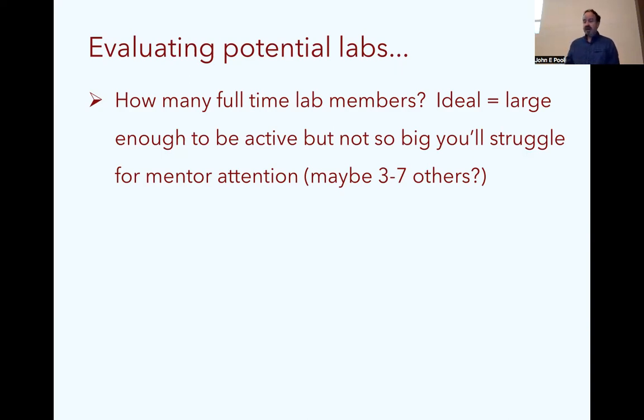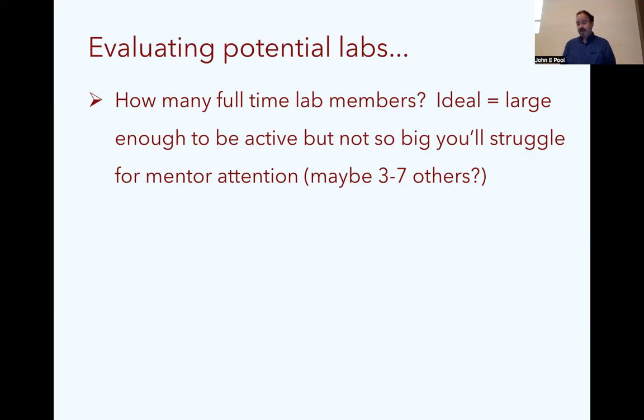But keep in mind that the advisor's time is a fixed size pie, and so your slice of that can only be so big. Now, you might learn from others in the group, maybe postdocs or senior grad students, but the professor's time itself may be somewhat more limited from your perspective.